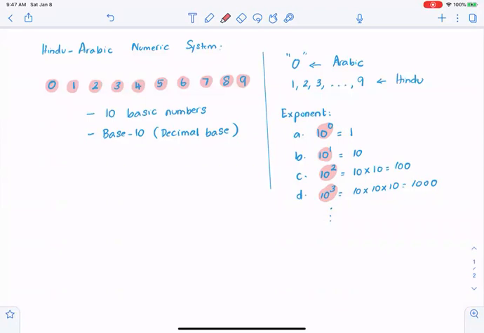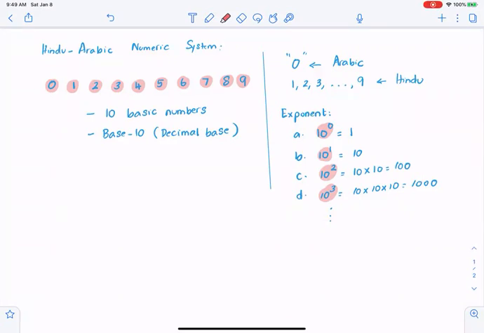Now, base 10, because we have 10 basic numbers, starts at 0 and it stops at 9. And that 9 is simply 10 minus 1. Now, one of the important things, of course, you could go back and say, well, we have more numbers, and how do we account for them? So it goes back to the same basic set of numbers that we have. I've written 0 through 9.